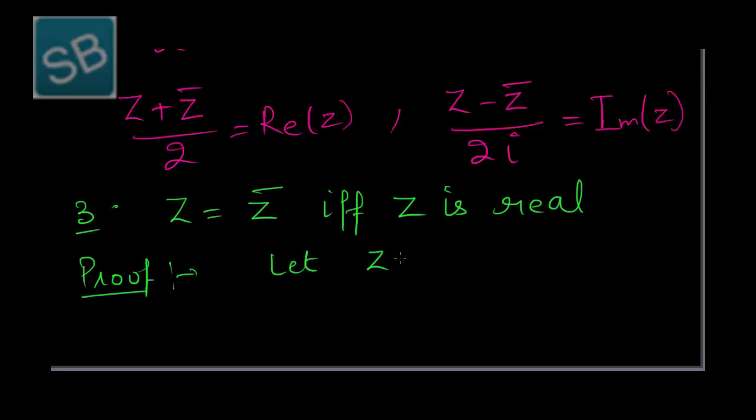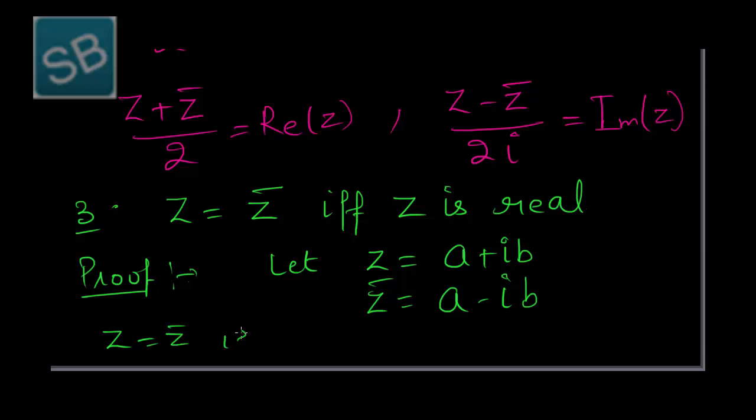Let z is equal to a plus iota b and z bar is equal to a minus iota b. So z is equal to z bar if and only if a plus iota b is equal to a minus iota b.